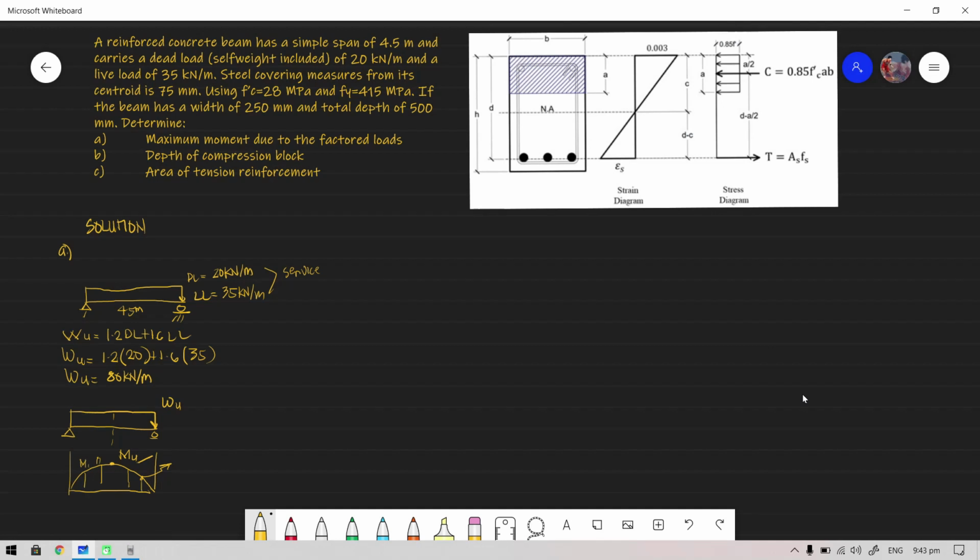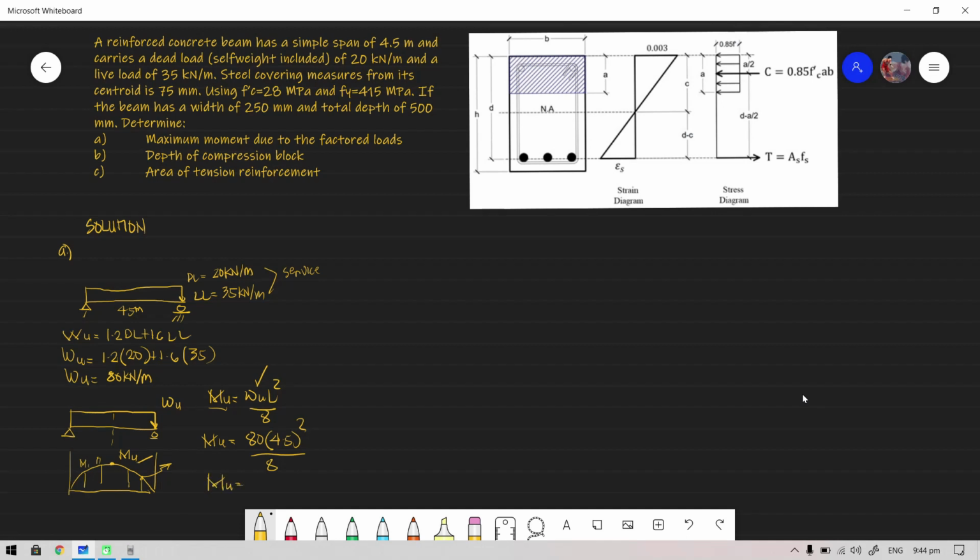So, ang MU natin for simply supported beam, ang ultimate load natin is WL squared over 8. Take note, ultimate na to. So, ang makukuha nating moment dito is also ultimate. So, your MU now will be, we have W, 80, and then L, a simple span of 4.5, squared over 8.